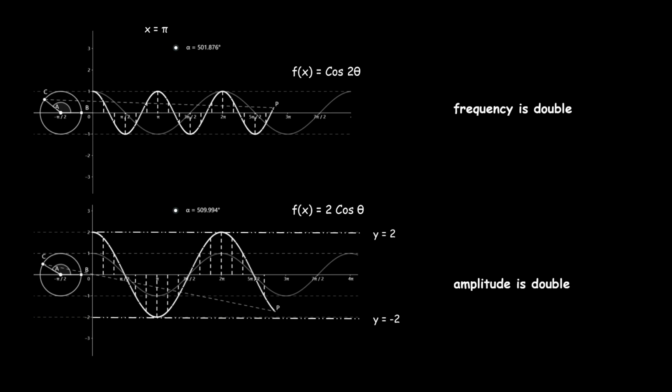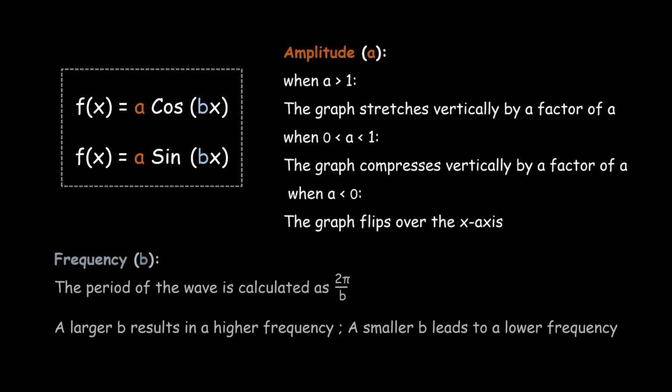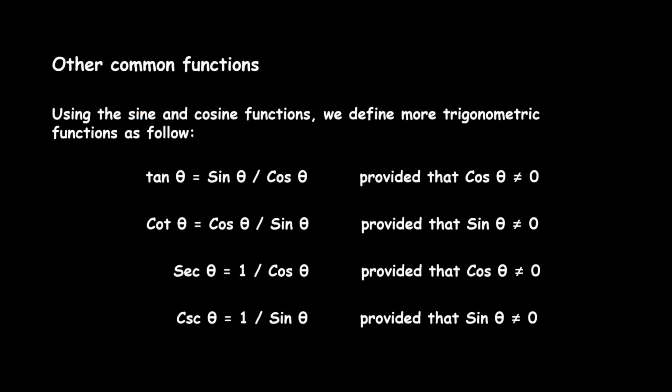To conclude, the parameter A controls the amplitude, while B determines the frequency. In addition to sine and cosine functions, there are other common trigonometric functions that can be derived from them.